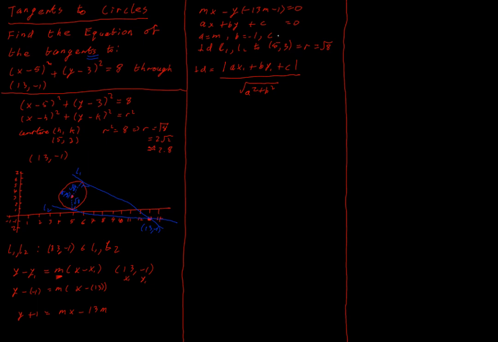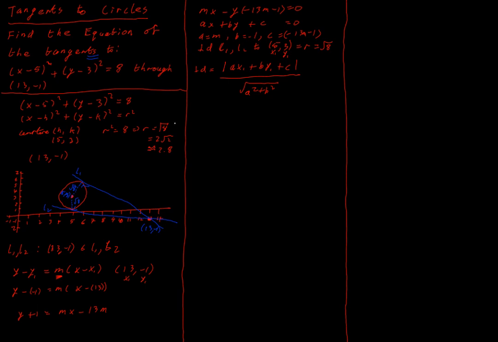It's all the constant stuff relative to x and y. So that's going to be -13m -1, both of those things, because both of them don't involve x's and y's. So they're both constants relative to x and y. So I can now sub in, and I have my x1 and y1 are my 5 and 3, the center of my circle.